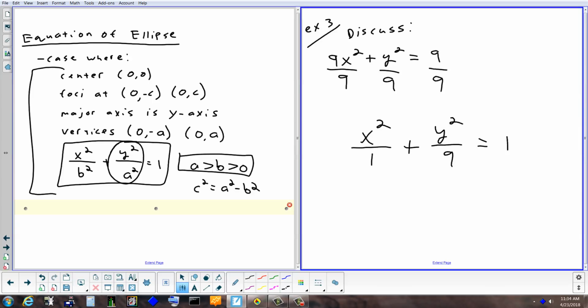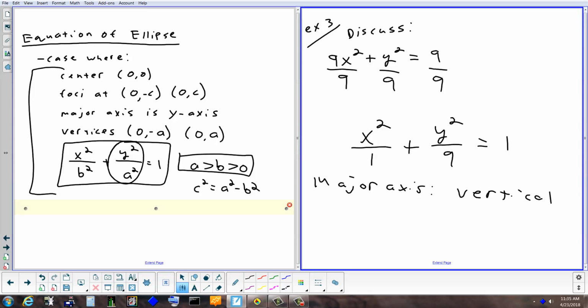Okay, let's start with the major axis. Which way does the major axis go with this one? Up and down. How do you know that? Oh, the bigger number is under the y. Exactly. Bigger number under y goes in the y direction. Bigger number under x goes in the x. So major axis, vertical. Without doing some arithmetic, I think that's the only thing you can write down.